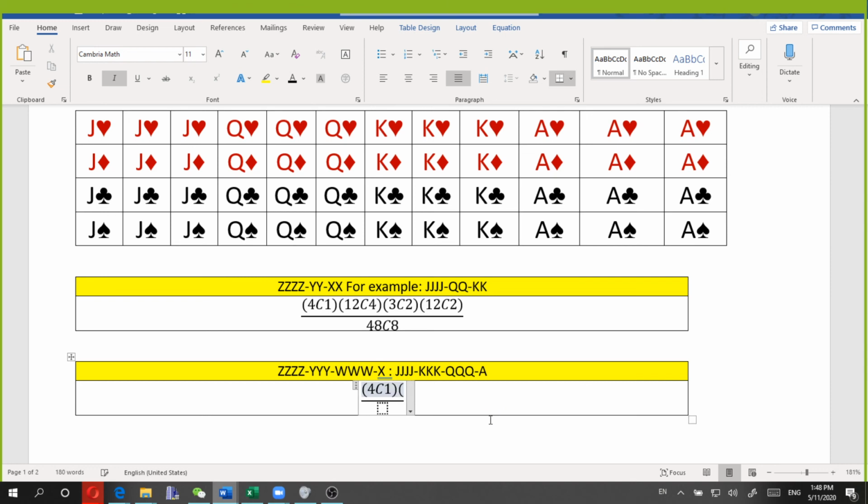Okay, I've got 4C1. So we picked one value to be our first one that we're going to pick 4 cards from. Okay, there are 12 options and cards in that. And how many am I picking? 4, perfect. Okay, how many values are left? And how many of those values are going to do? Three C 2, perfect. Because I've got 2 values that I want to pick 3 cards for. How many cards are in each value? 12, and you're picking 3 of them to go to your hand.